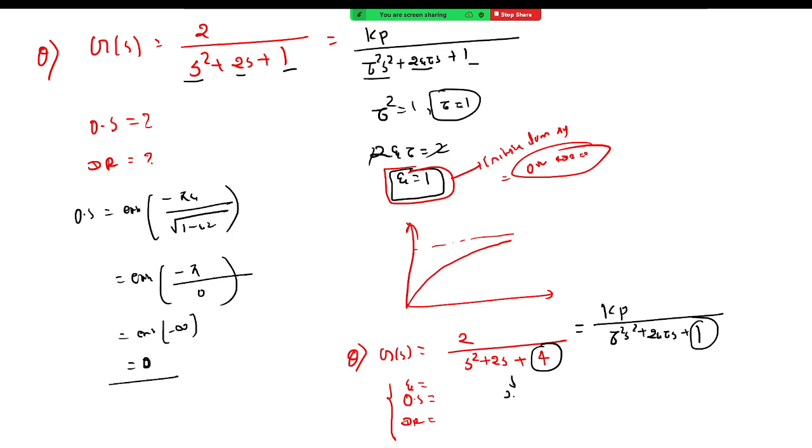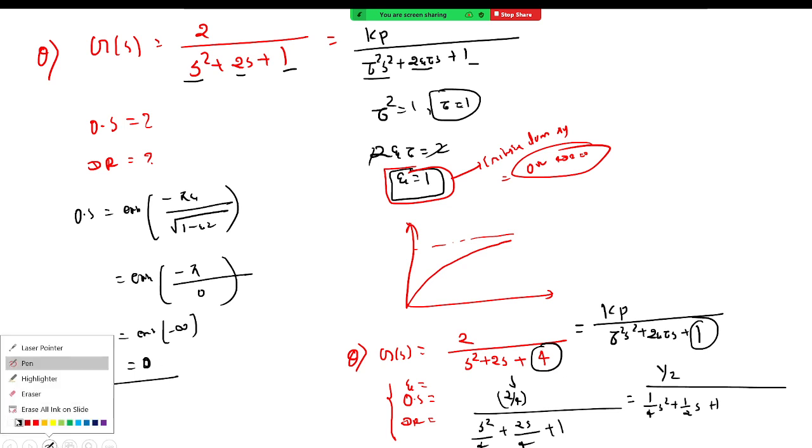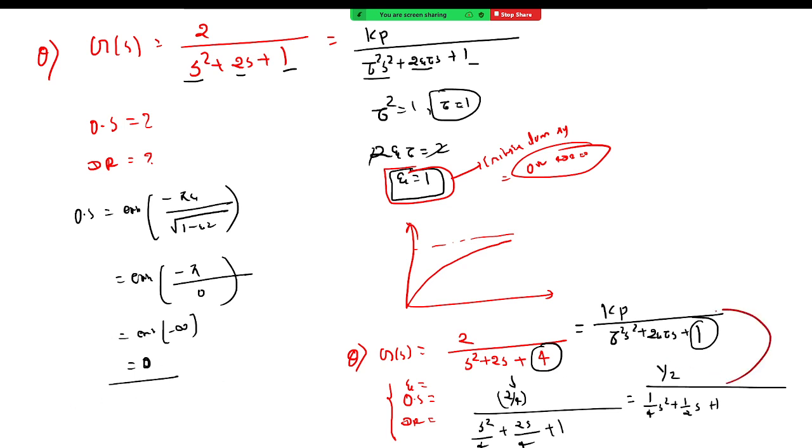So I get 2 divided by 4 upon s square by 4 plus 2s by 4 plus 1. You don't have to do this much, but once you calculate these frequently, you will get used to it. So this is 1 upon 2 over 1 upon 4 s square plus 1 upon 2 s plus 1. Now you have converted this into the standard form.